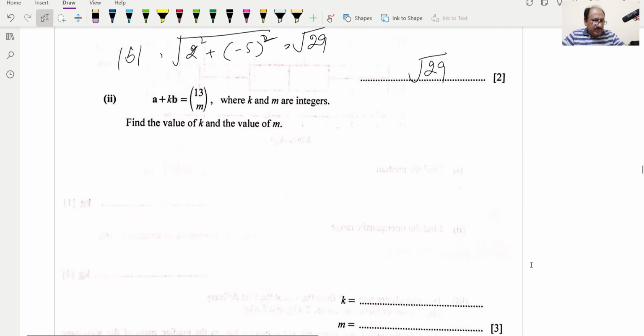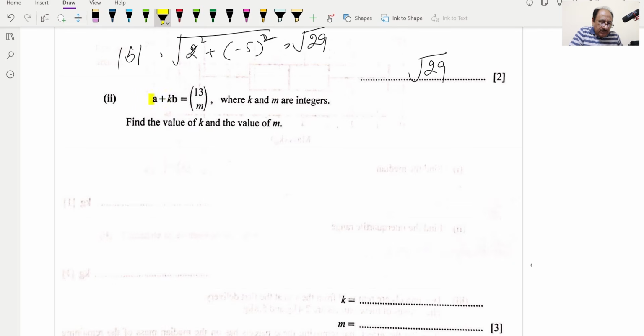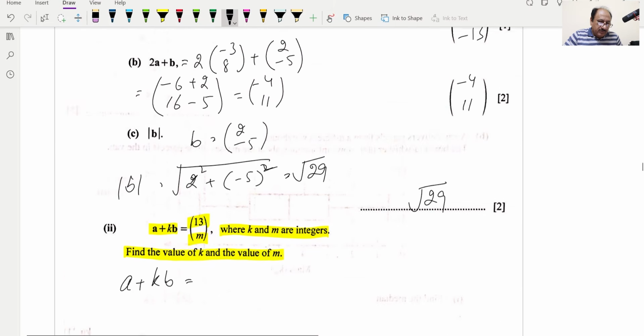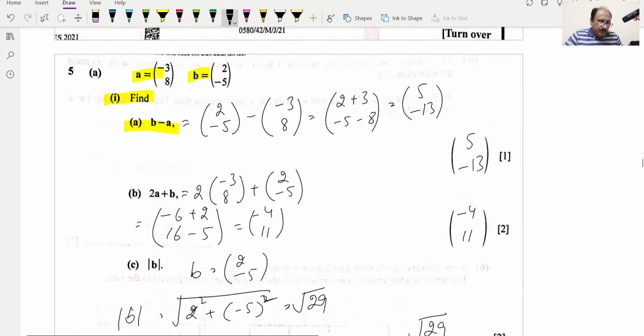Then they are saying this is a little tricky question, 3 marks. So this is a plus kb is equal to this one, where k and m are integers. Find the value of k and the value of m also. Now what we will do, we can write a plus kb as a vector, and the b vector we will take from this given information.